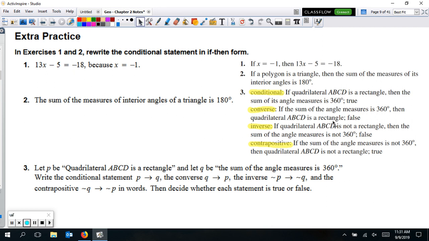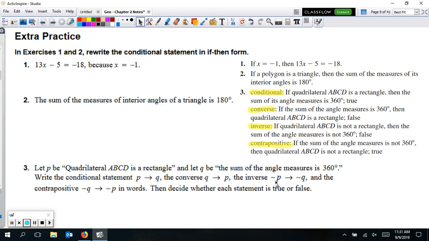Rectangle is only one of the kinds of quadrilaterals we can see. So just by knowing that the sum of the angle measures is 360, we can't definitively say that the shape is a rectangle. It could be a rectangle, but it also could be some other quadrilateral that is not a rectangle.